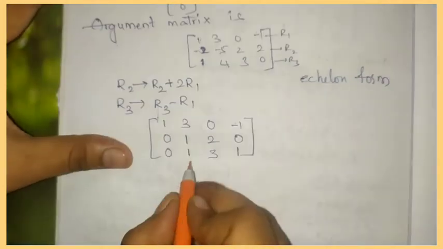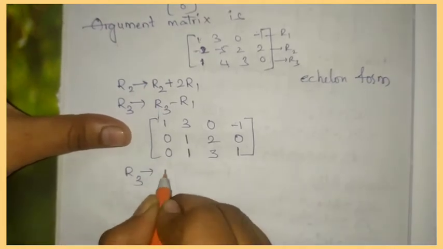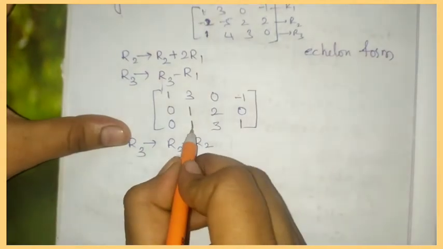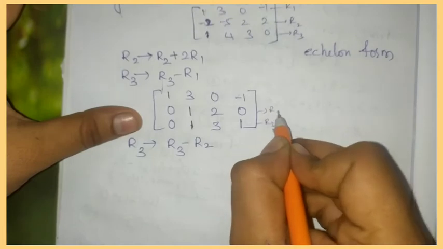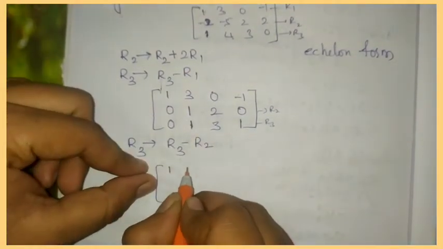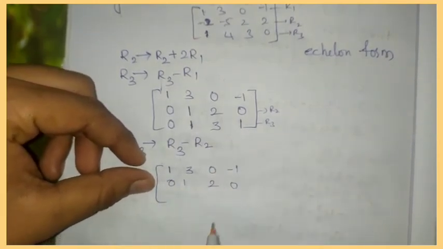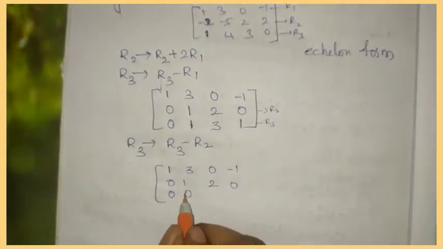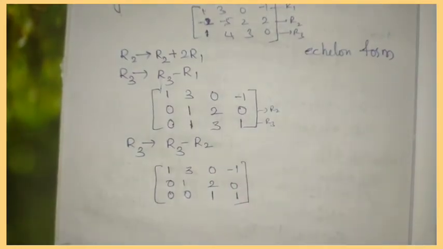Okay, to make this value as 0, now I am taking R3 tends to R3 minus R2. I am subtracting row 2 from row 3. Next, row 1 will be as it is, 1 3 0 minus 1. Row 2 also as it is. Now 0 minus 0 is 0, 1 minus 0 is 0, 3 minus 2 is 1, and 1 minus 0 is 1.